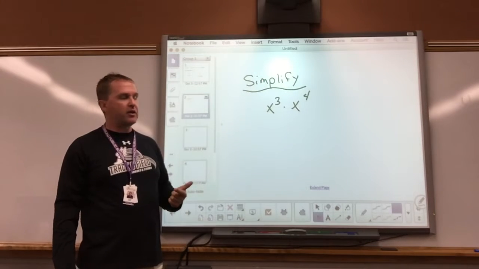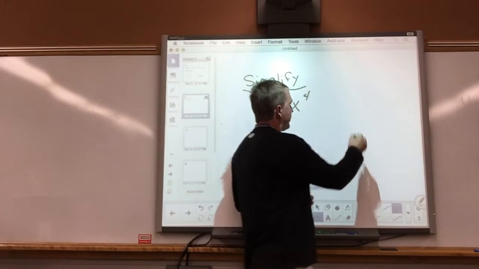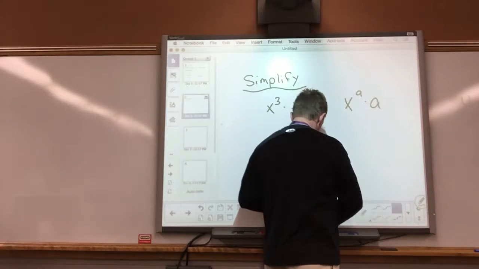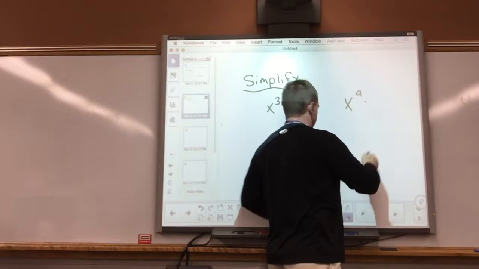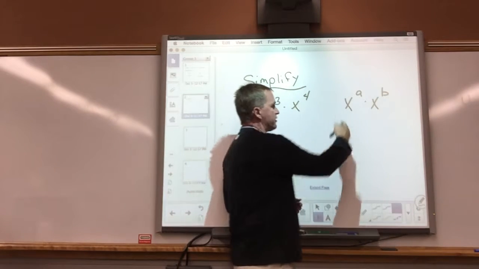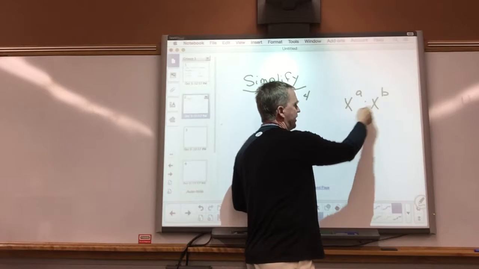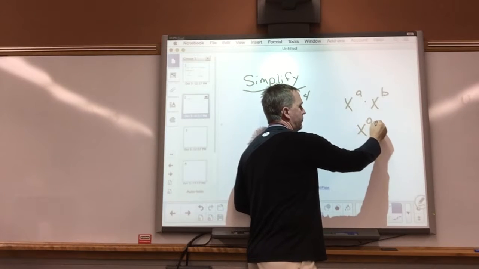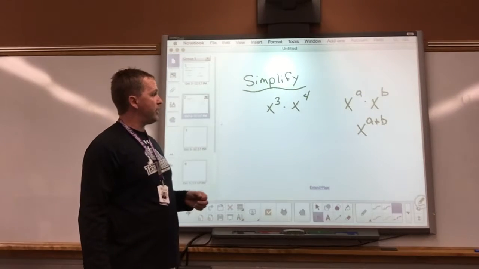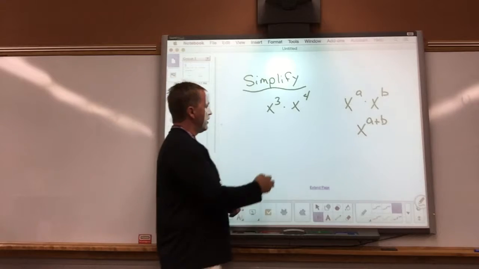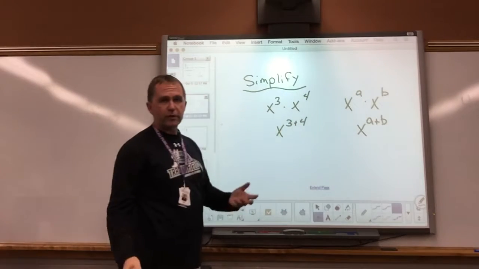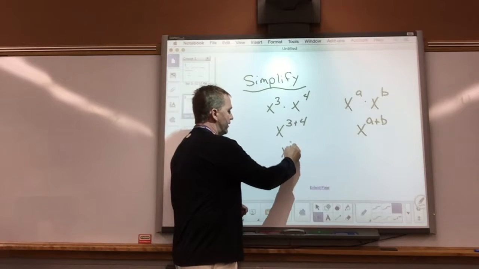One of the first laws of exponents says that if we have x to the a power multiplied by x to the b power, as long as the bases are the same, and bases being the x's in this case, we keep the base the same and we add the exponents. So in this case it would be x to the a plus b. So right here, our answer would be x to the 3 plus 4, which we could certainly simplify and write as x to the 7th.